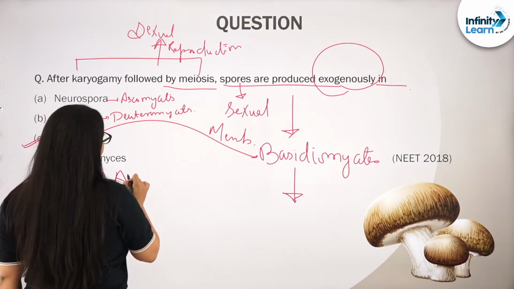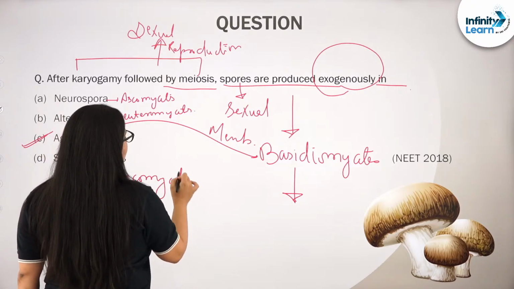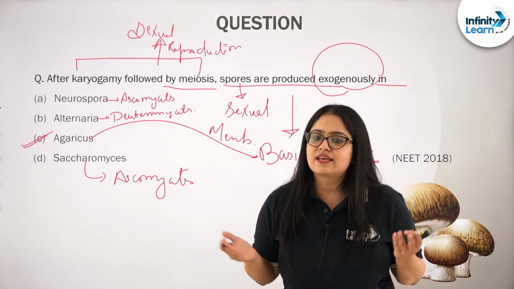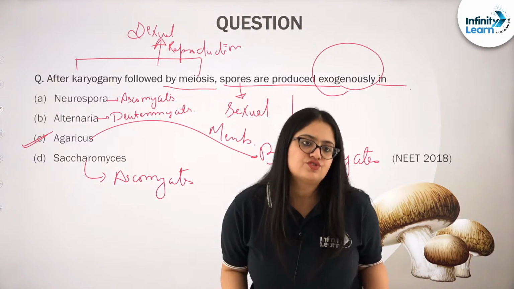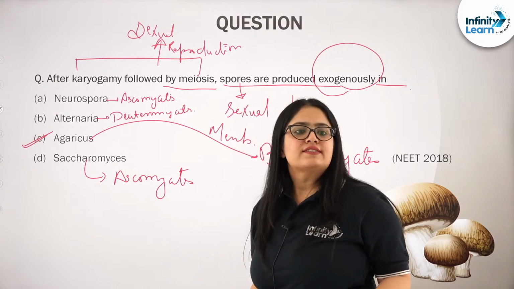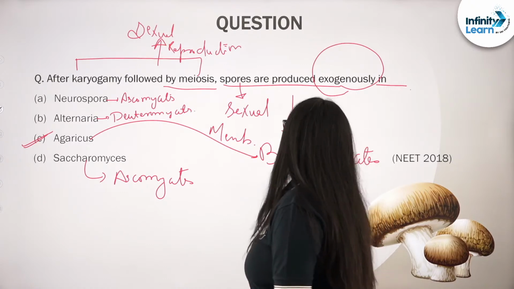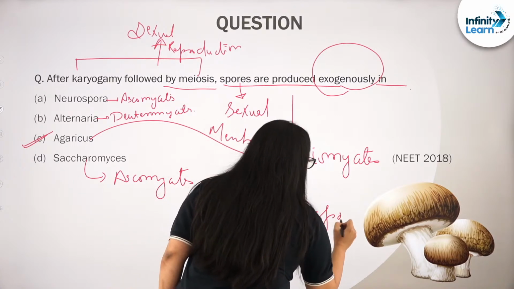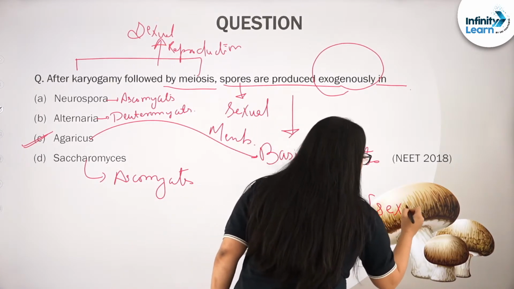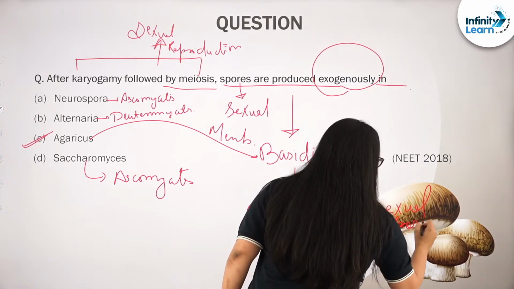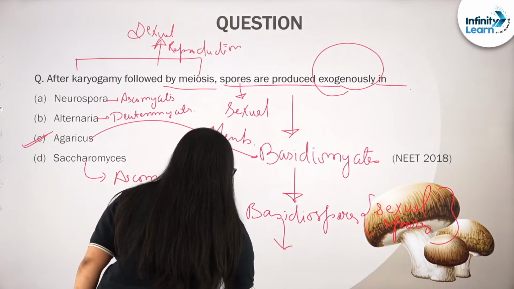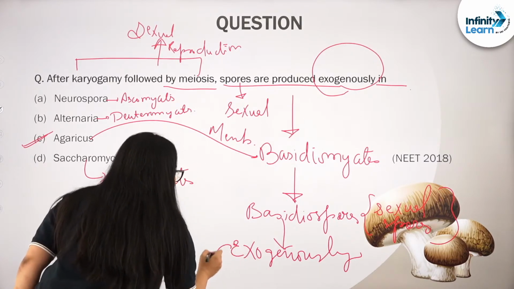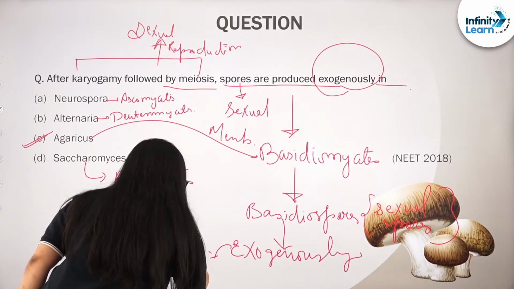Saccharomyces is a member of Ascomycetes, and again in Ascomycetes, the sexual spores, ascospores, will be produced in a closed structure known as ascus, and hence the production of ascospores or sexual spores is endogenous. Right, my kids? Thank you. So, in Basidiomycetes, the basidiospores, which are actually the sexual spores, are produced exogenously on basidium.